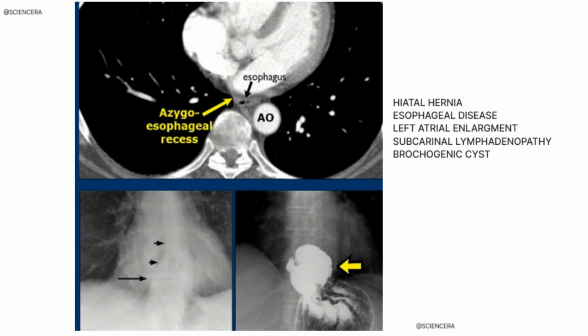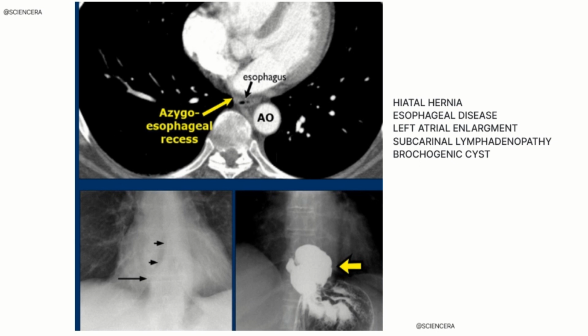Then another reason is a bronchogenic cyst. A fluid-filled sac in the lungs can also affect nearby structures, potentially causing changes in the azygoesophageal line. So when doctors see changes in the position of the azygoesophageal line on a chest X-ray, they might consider these conditions as possible causes and investigate further to understand what's going on in the chest.